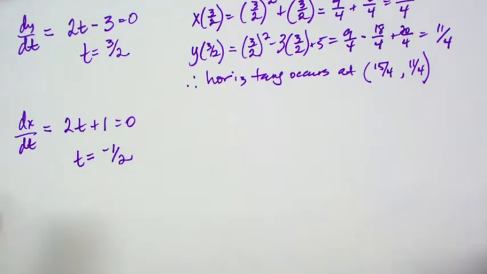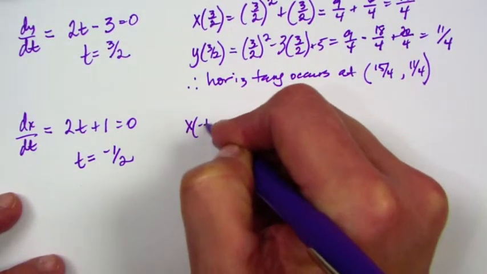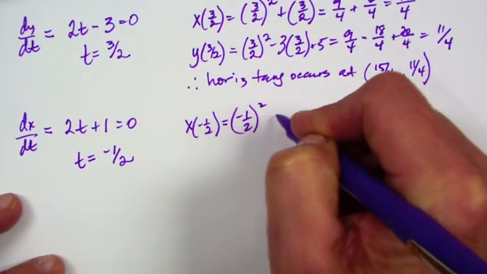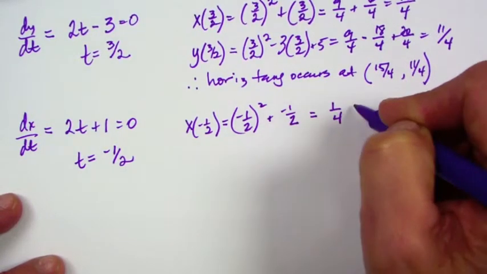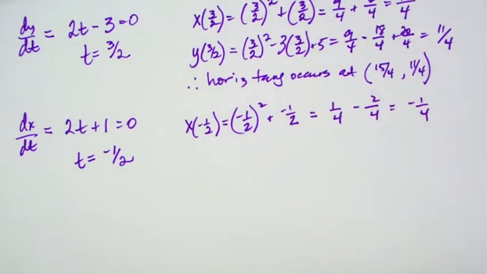And then I would just need to do something similar with t equals negative 1/2, right? So x of negative 1/2 is negative 1/2 squared plus negative 1/2. Negative 1/4.